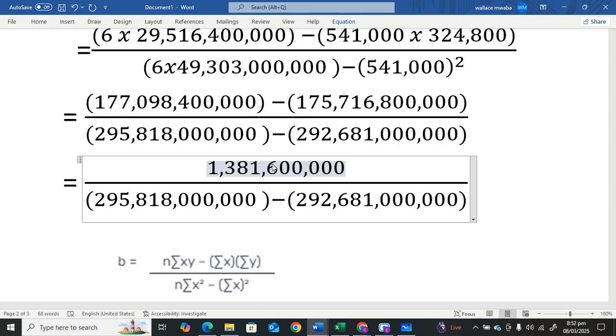Go to the bottom, the denominator, we subtract. Okay, here.